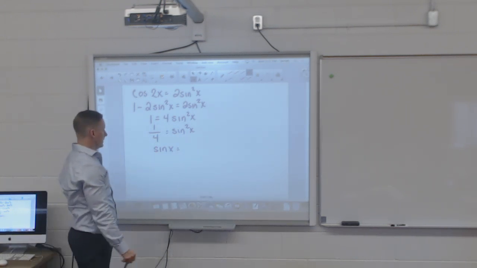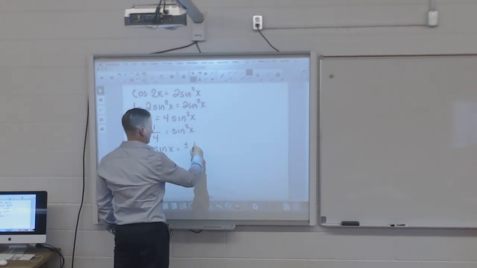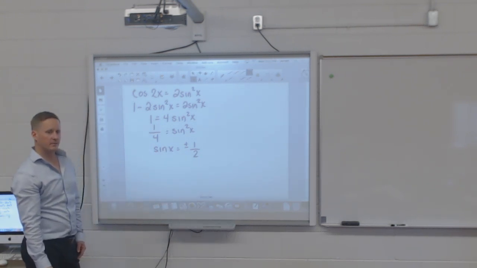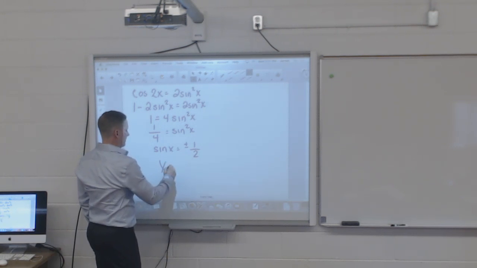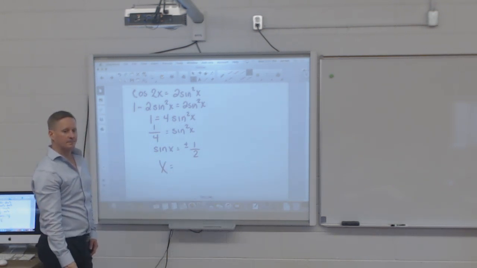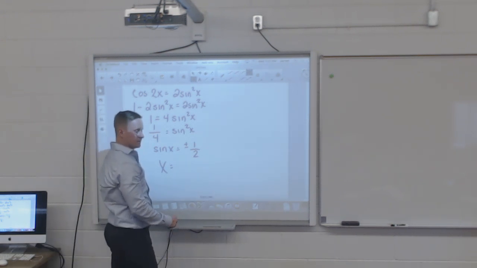Square root the other side. So what is the square root of a quarter? Plus minus a half. So now you go around your circle. Where does sine x equal a half and negative a half? Which is what, radians? Pi over 6.